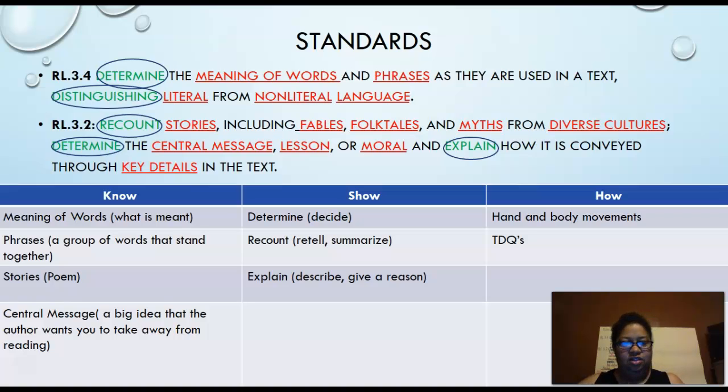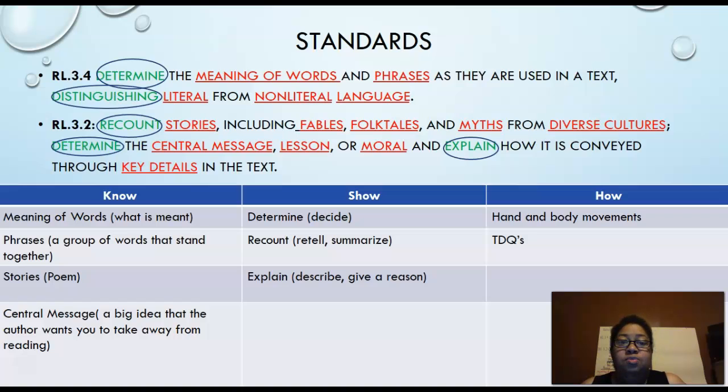Okay, so our standards for today are reading literature 3.4, determine the meaning of words and phrases as they are used in a text, distinguish literal from non-literal language, and reading literature 3.2, recount stories including fables, tales, folk tales, and myths from diverse cultures, determine the central message, lesson, or moral, and explain how it is conveyed through key details in the text.